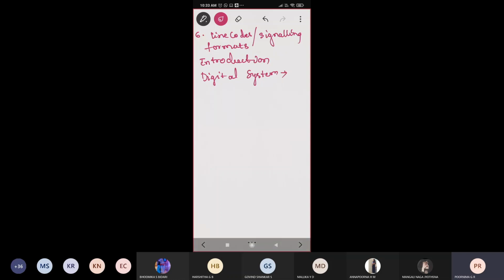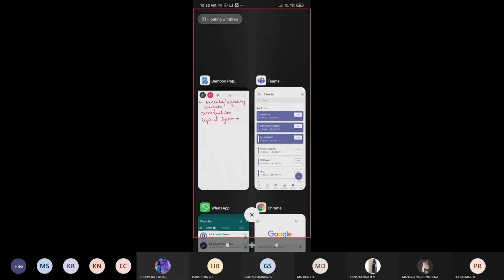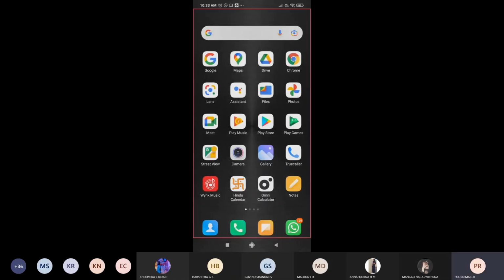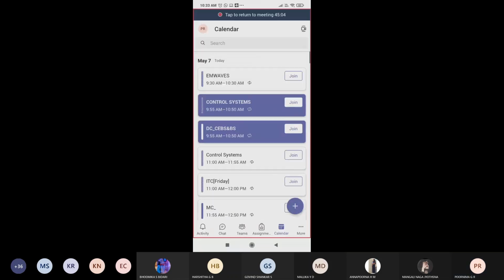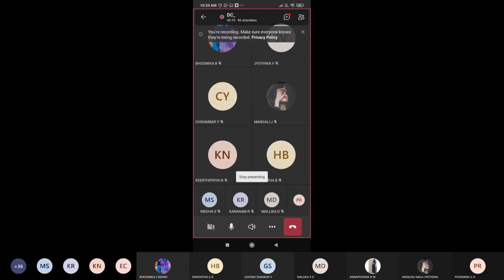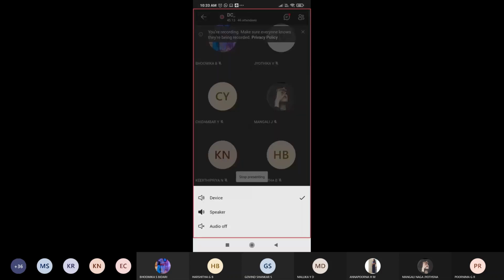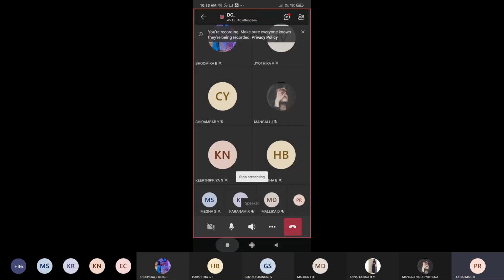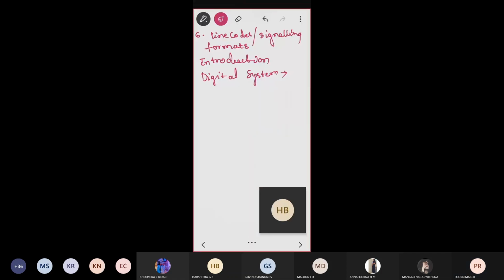Students, you have to respond. How will the digital system be taking the information? Otherwise, in simple terms, how does the digital system understand the information?